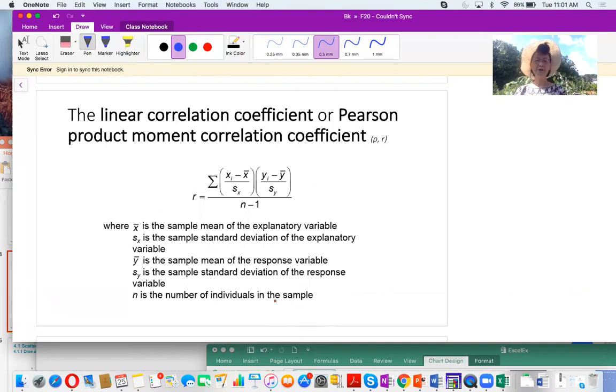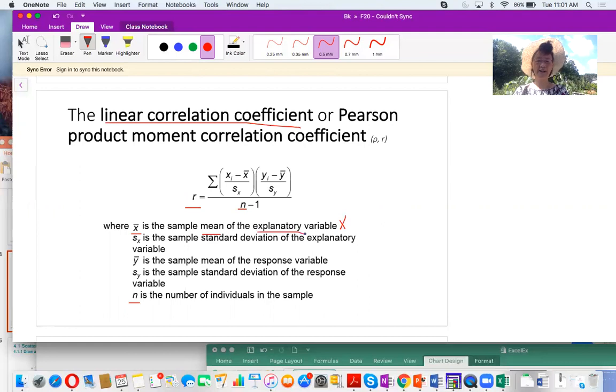For calculation purpose, I will only introduce the formula for sample. How do I calculate linear correlation coefficient for sample? This is the formula. N represents sample size, how many data in the sample. Okay. X bar represents the mean of the explanatory variable, the mean of X. Okay.